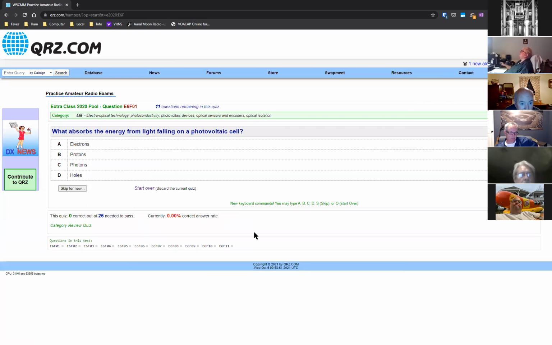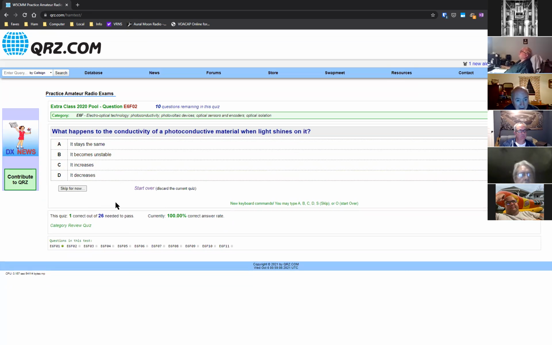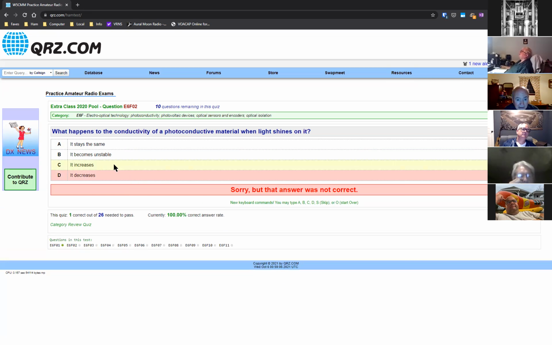What absorbs the energy from light falling on a photovoltaic cell? The electrons. Yeah, electrons. What happens to the conductivity of a photoconductive material when light shines on it? Yeah, it increases.